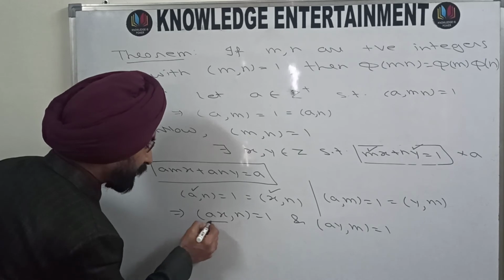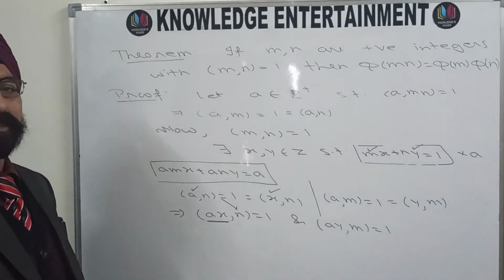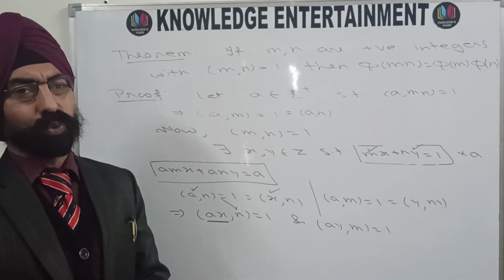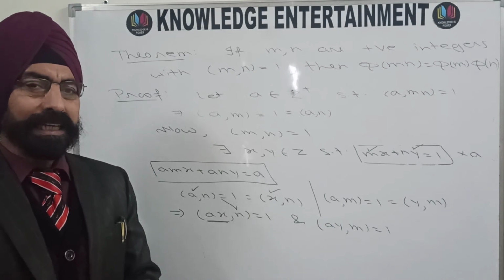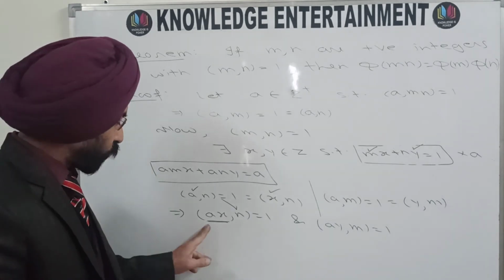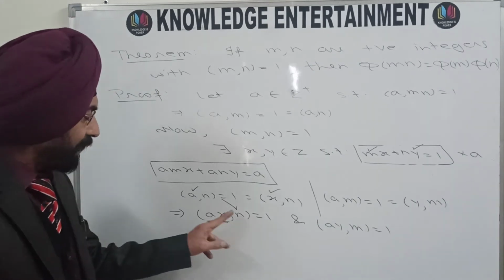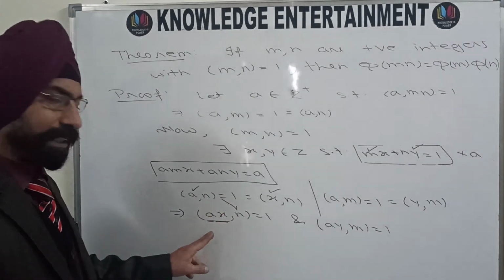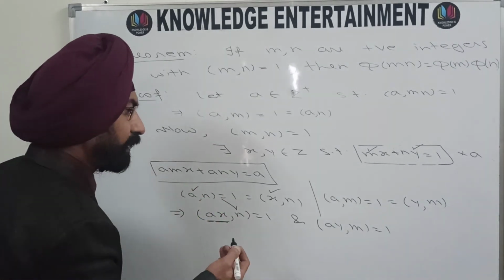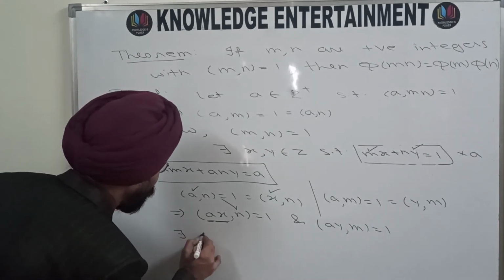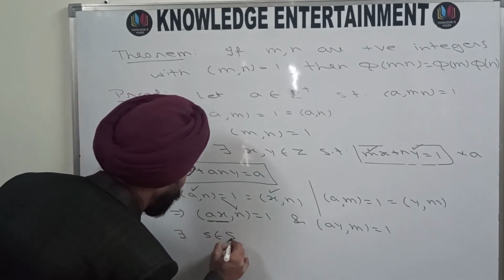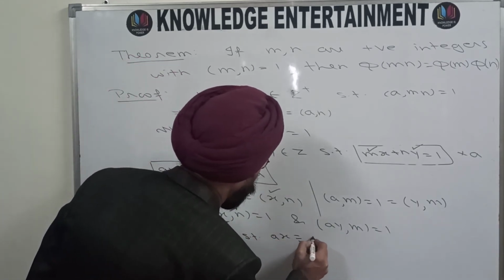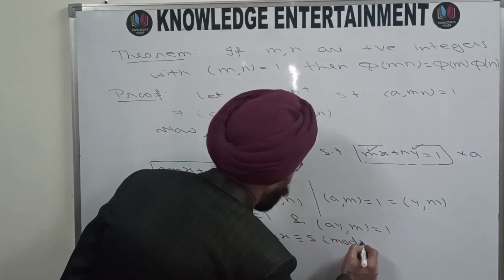Now ax is co-prime to n, and S was a reduced residue system modulo n. If any integer is co-prime to n, then it must be congruent to some member of the reduced residue system modulo n. So there exists some s belonging to the set S such that ax is congruent to s modulo n.